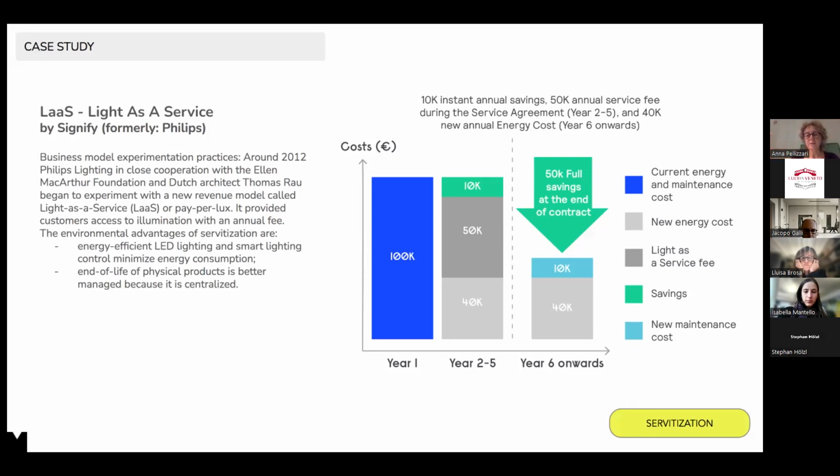So the service would be completely redesigned in terms of commercial offer and transformed from bulk purchase towards monthly or yearly subscription, which was one of the first examples of a trend that would later become quite broad, not just in lighting, but also in other types of services like office machinery and everything.